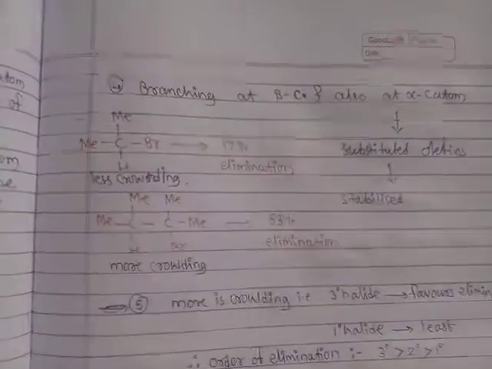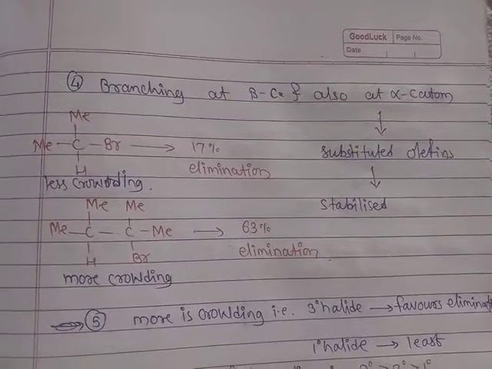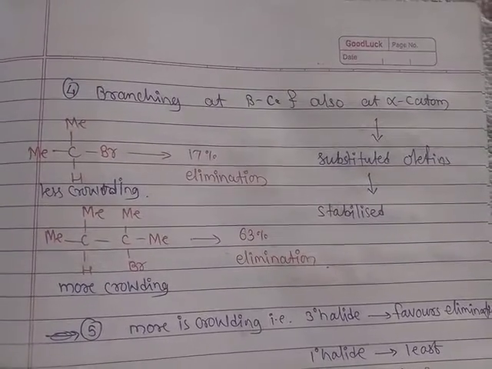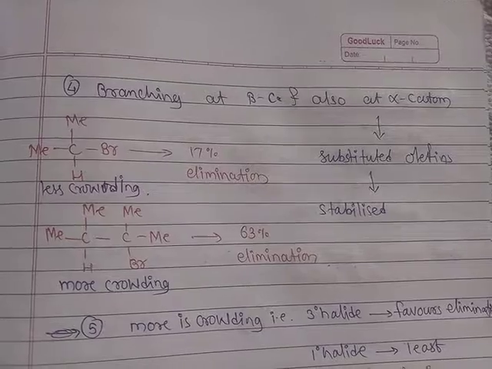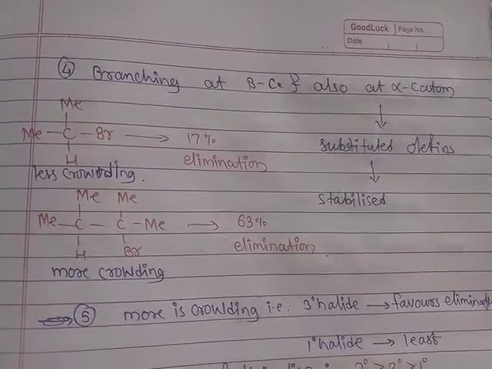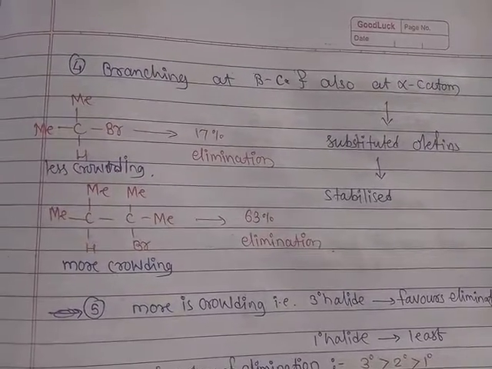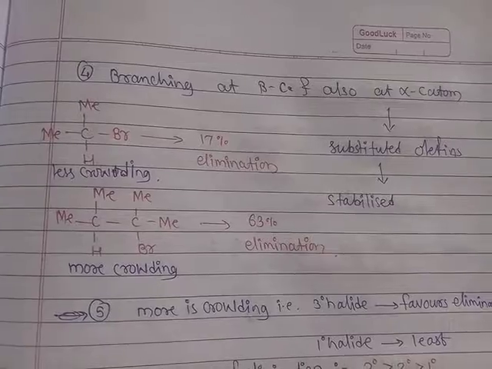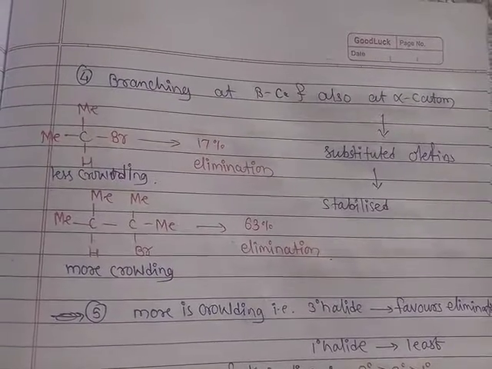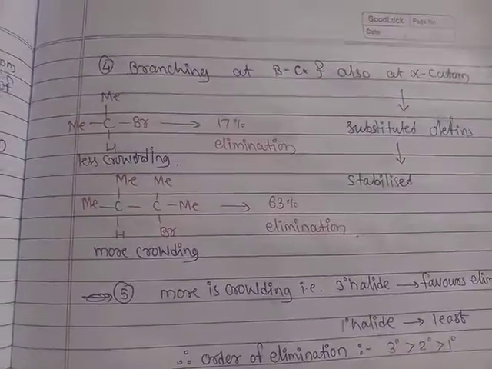Then the next point is branching at the beta carbon and also at the alpha carbon. We will get a substituted olefin, and that compound is stabilized. I will give you an explanation with some different kinds of compounds.